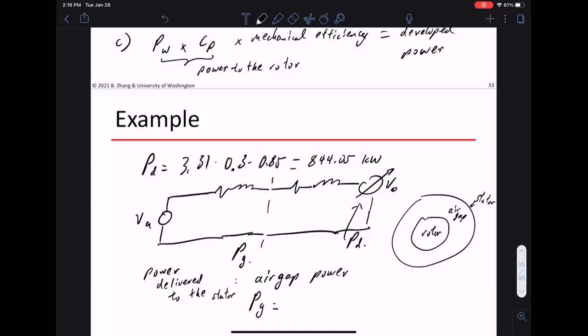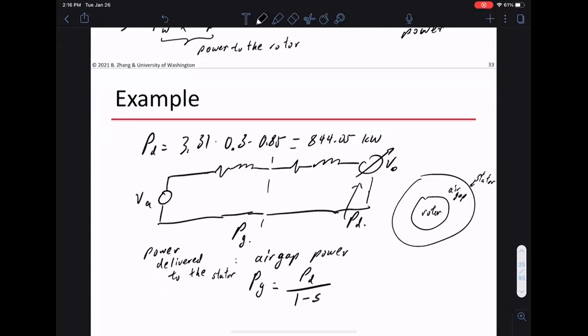Anybody remember this equation? What's the relation between PG and PD? There's an equation, and it is PD over 1 minus S.